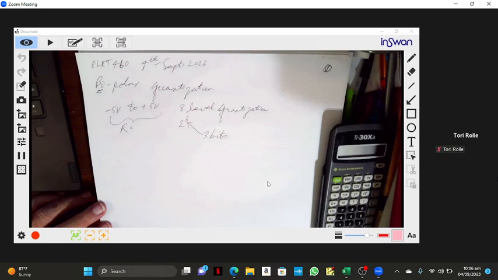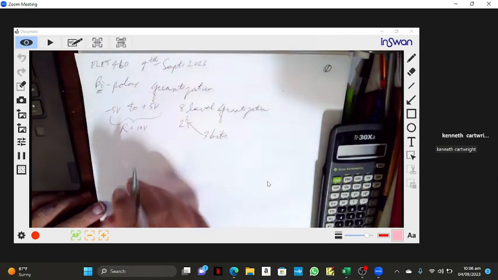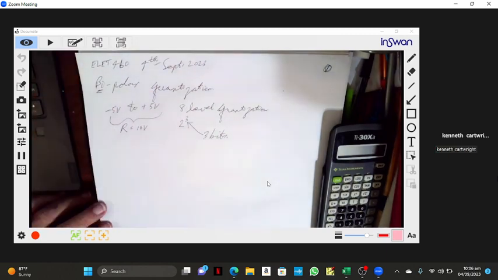Volts, 10 volts. Thank you very much. You're going from -5 to +5. That's the range, 10 volts.